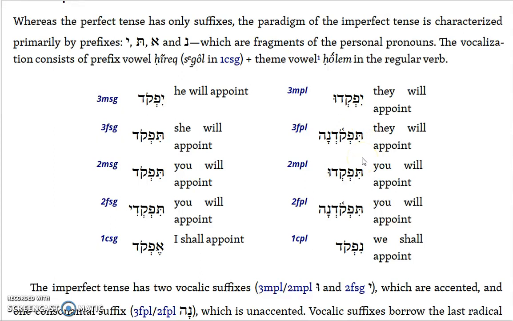Then you have tifkodna, they, feminine plural, women, will appoint. Then you have tifkedu, you masculine plural, y'all will appoint. Then you have tifkodna, you ladies will appoint. And then finally you have nifkod, we shall appoint.